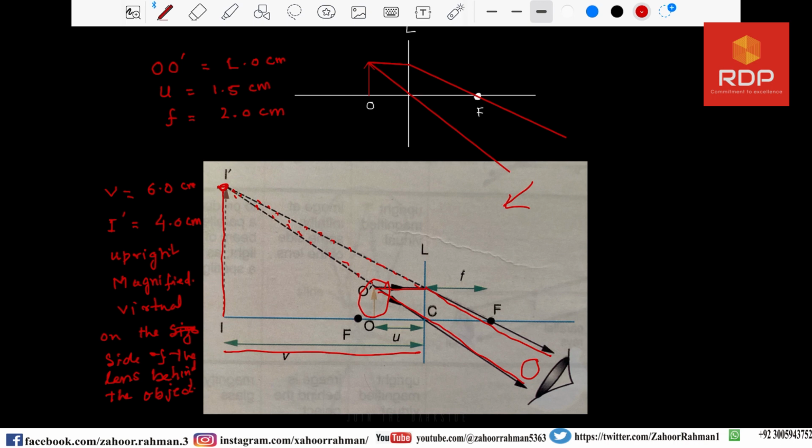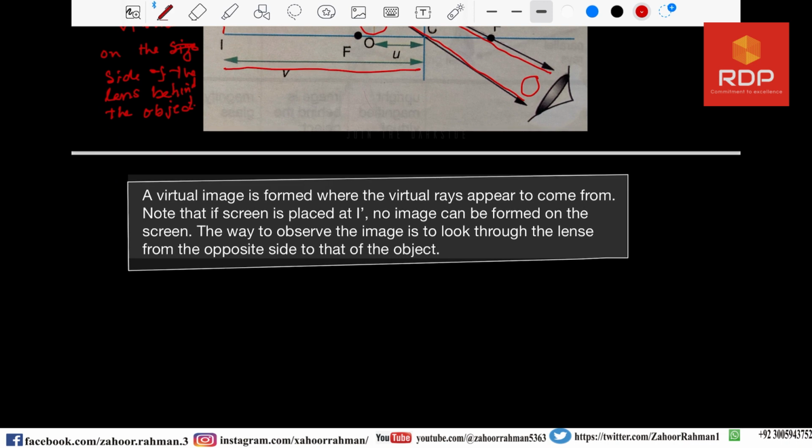Let me define the virtual image properly. A virtual image is formed when the virtual rays appear to come from a point. Note that if a screen is placed at I dash, no image can be formed on the screen, and that is what I told you.